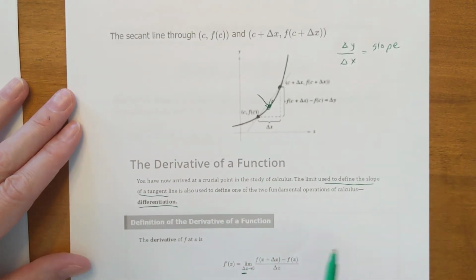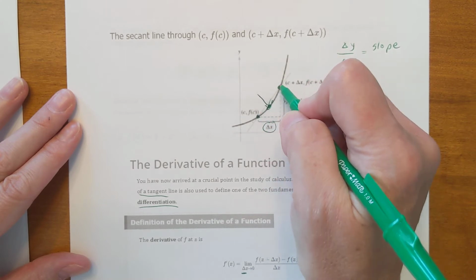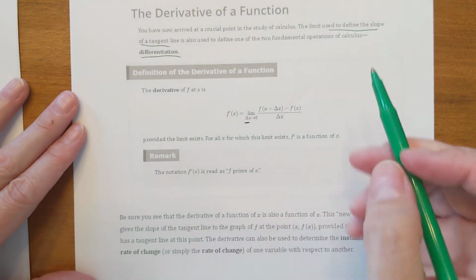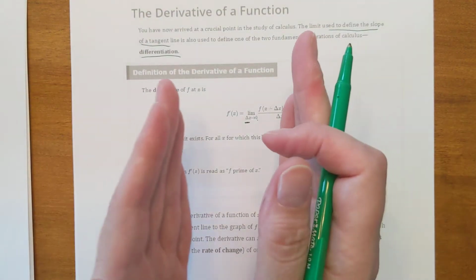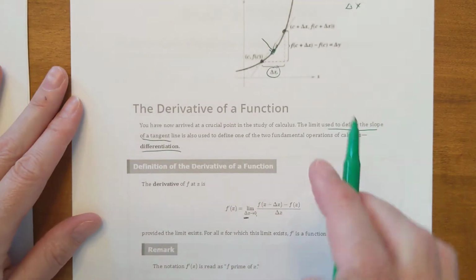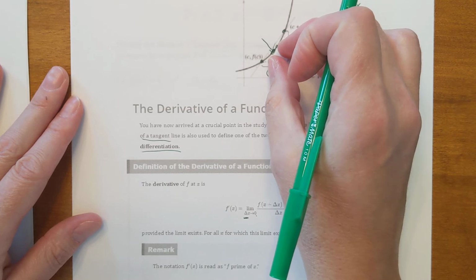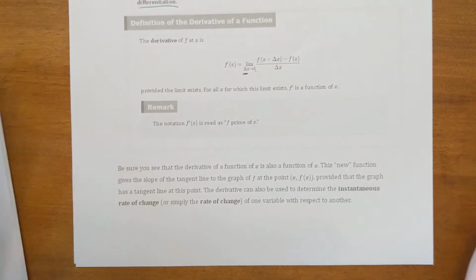Up here on this picture, this distance between the 2 points, we want it to get infinitely smaller until it becomes almost 0. When the distance between the 2 points approaches 0, we're going to know what that slope is, because we've come really, really close to the point on both sides of it. So that's what we're doing.